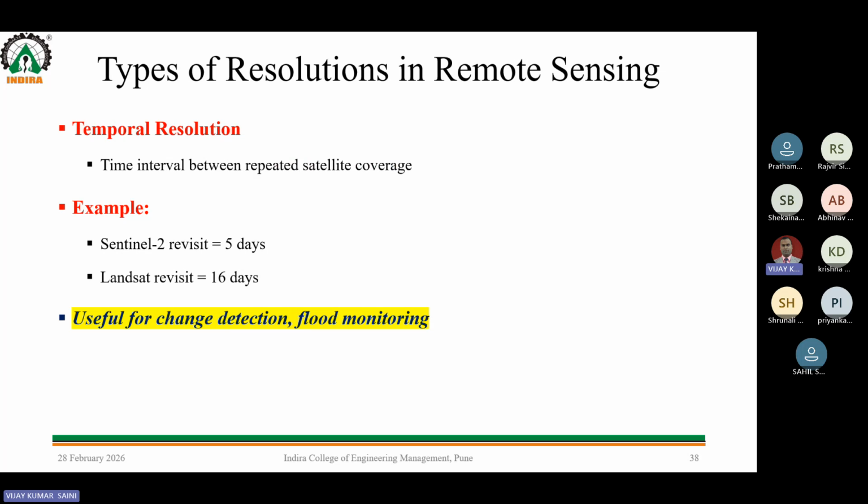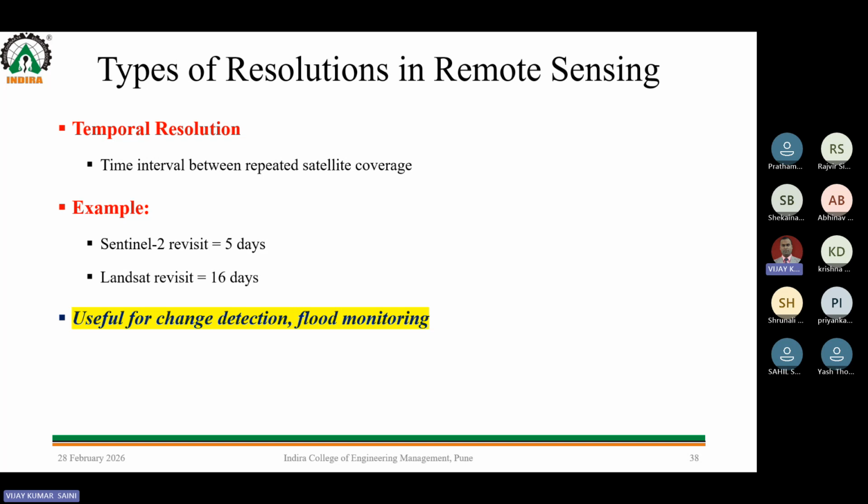In this category, the last one is your temporal resolution, which is used in change detection. It gives you the time interval between repeated coverage by the satellites.